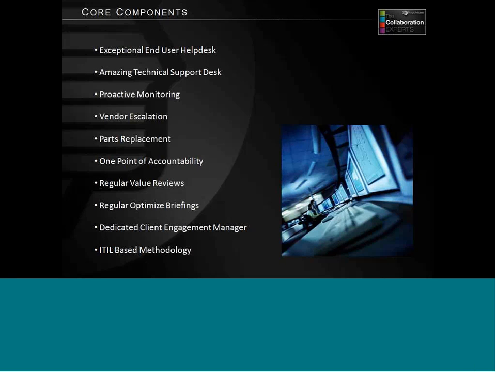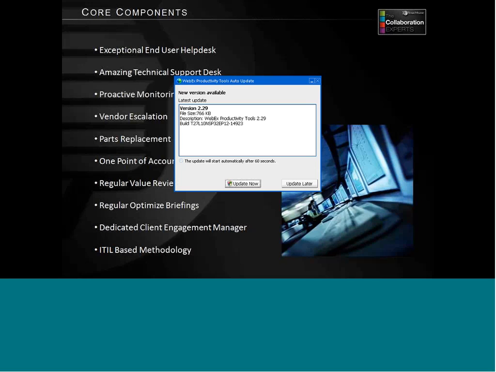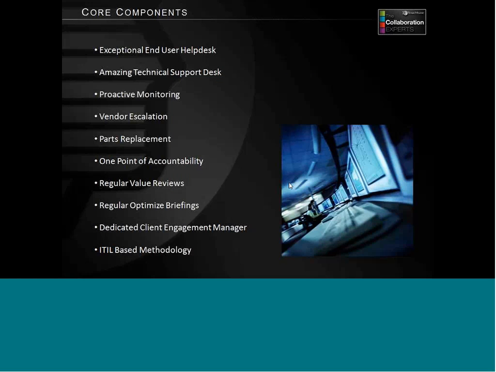The next area which we think is important is value reviews, looking constantly, and again, depending on how large you are, depending on what the volume of activity from a management perspective goes on, you need to make sure that you have regular value reviews, looking at exactly what has gone wrong when, how those issues were managed, how the users were impacted, what the response and the satisfaction of the users are.